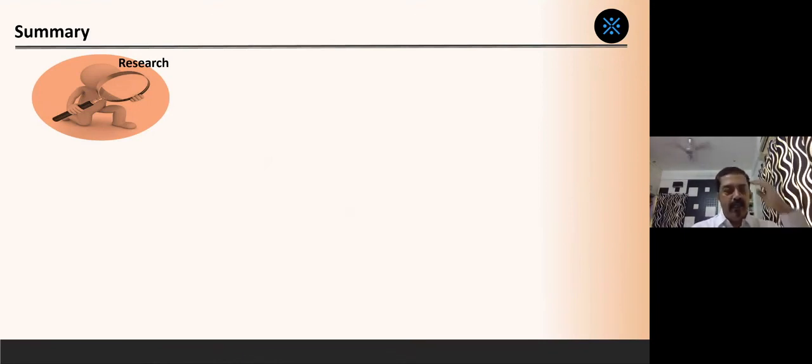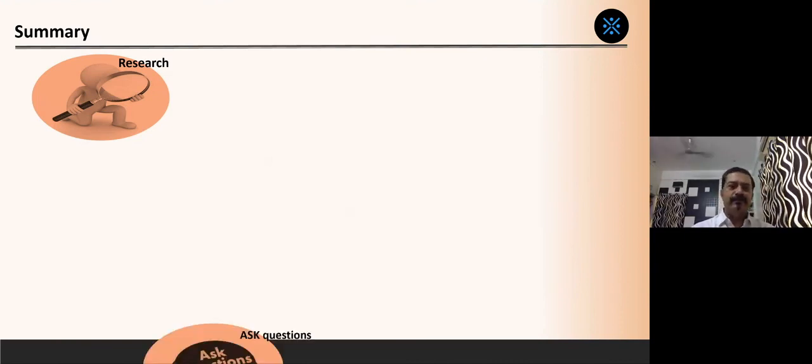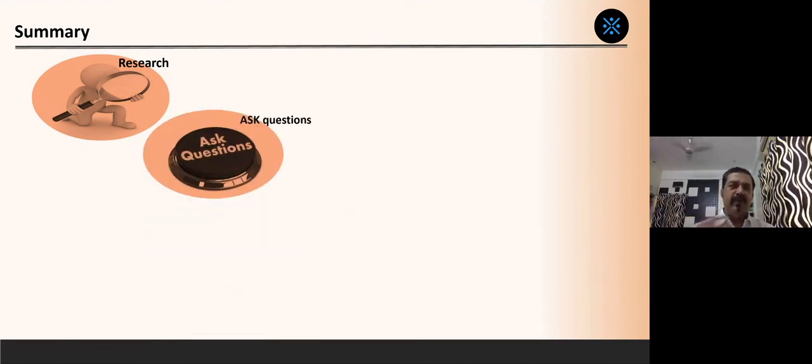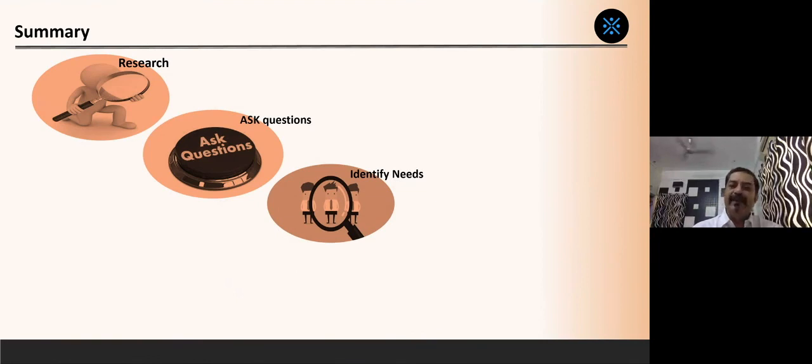What we talked about was research in terms of uncovering needs and the different types of needs or pains, and then asking questions, questioning being a very efficient way of uncovering a need, and being able to identify the right needs by asking the right questions.